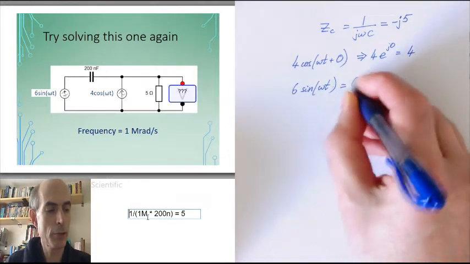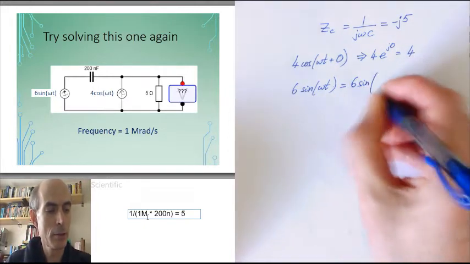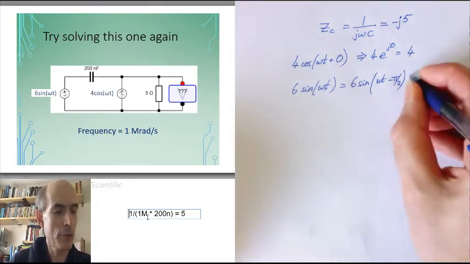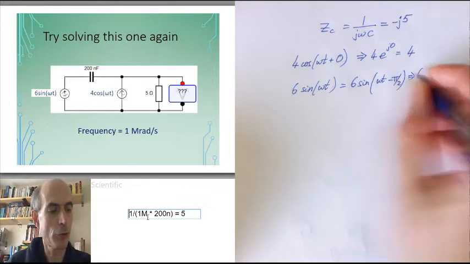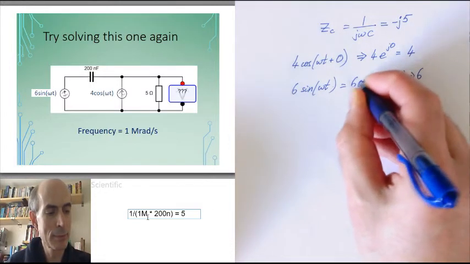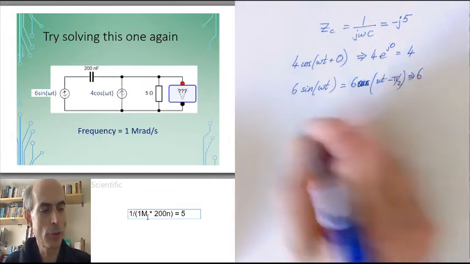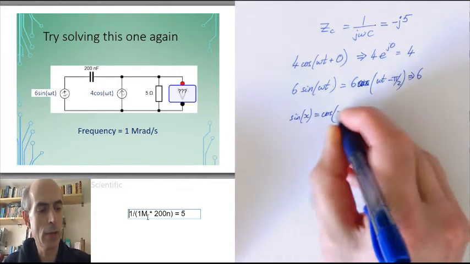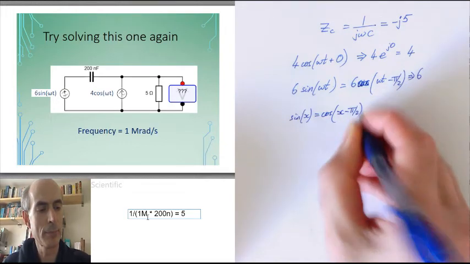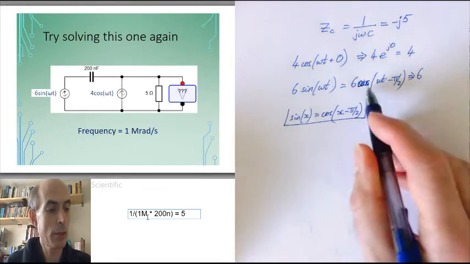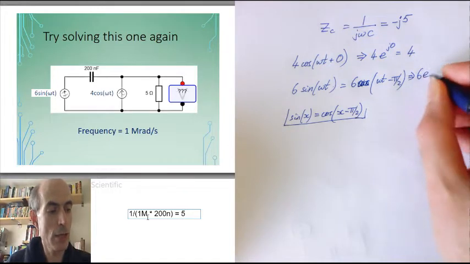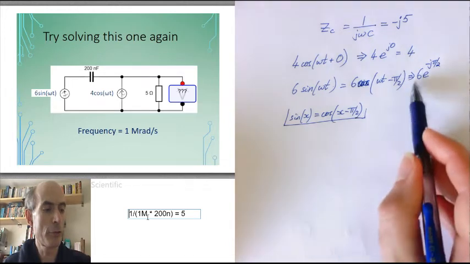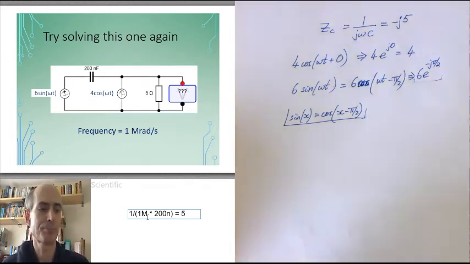So we could write that as cosine omega t minus pi over 2, using the result sine x equals cosine x minus pi over 2, and represent that in phasor form as 6e to the minus j pi over 2. That's the phasor representation of our voltage source.